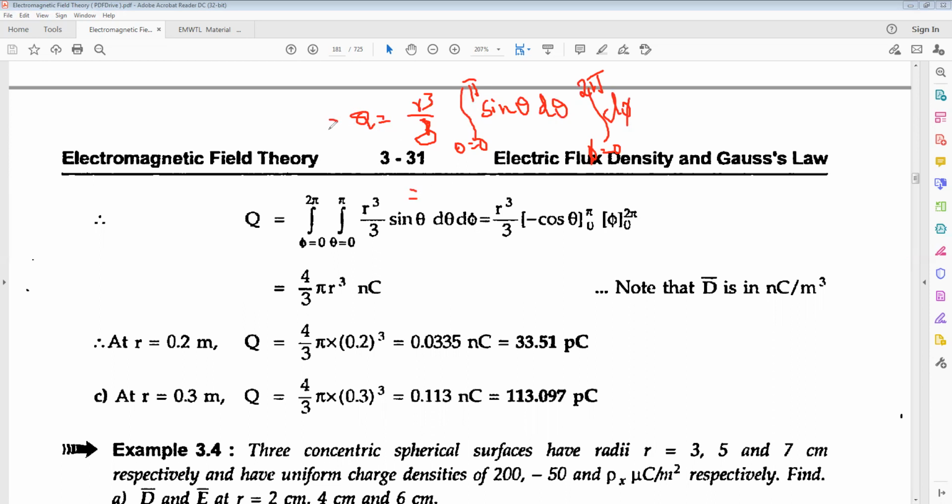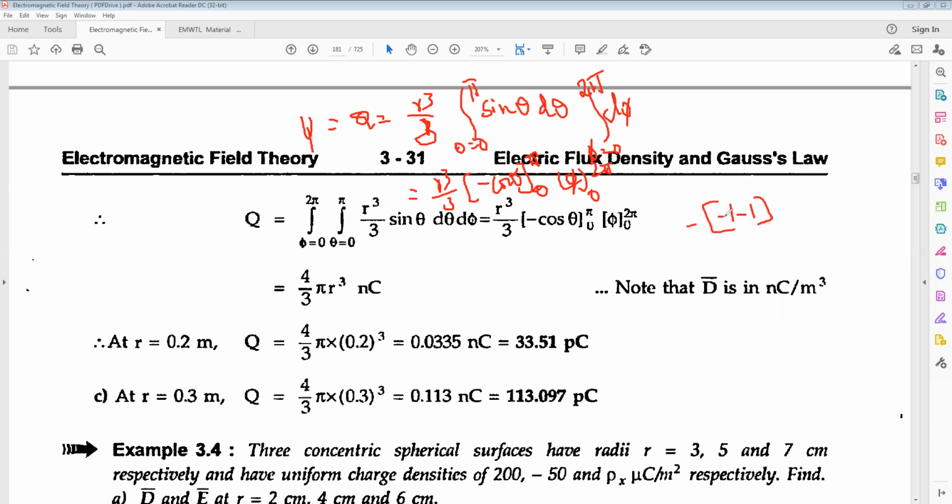Now the charge, or the flux, D bar dot ds bar, is r cube by 3 times the integral of sine theta, which is minus cos theta, with upper limit pi and lower limit 0. The integral of d phi is phi, upper limit 2 pi and lower limit 0. Cos pi is minus 1, cos 0 is 1.